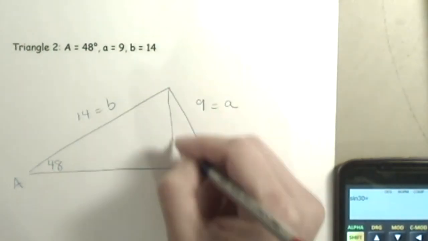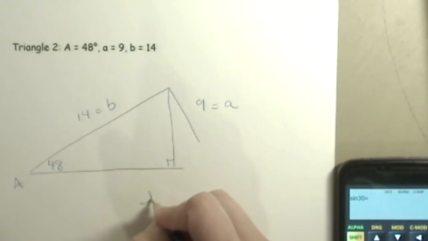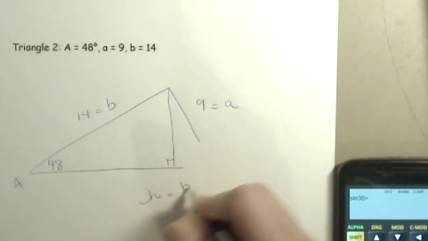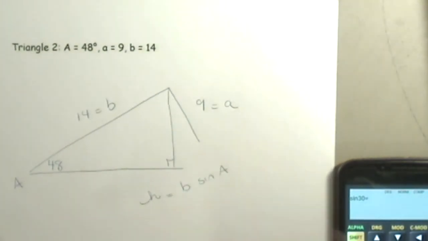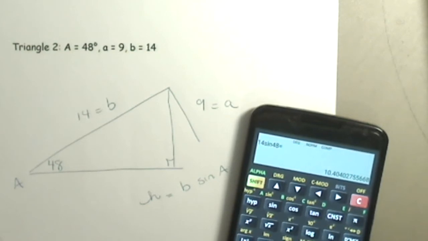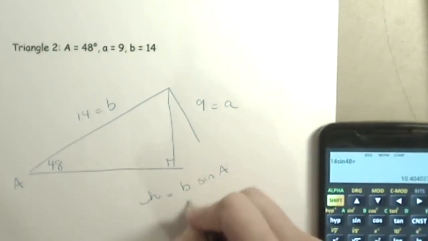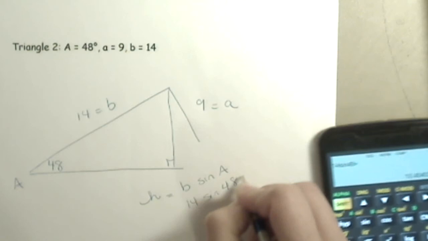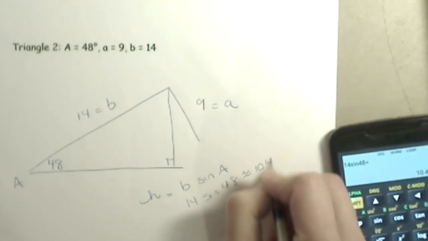So let's calculate that height. The height is B sine A. So I'm going to do 14 times the sine of 48, and I get 10.4 on the calculator. 14 sine 48 is about 10.4.